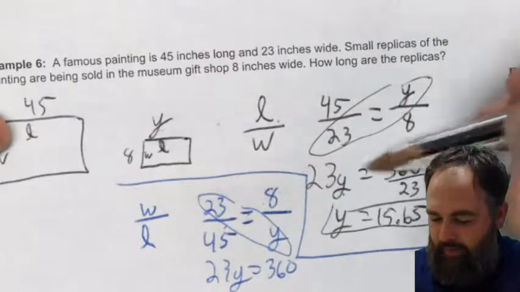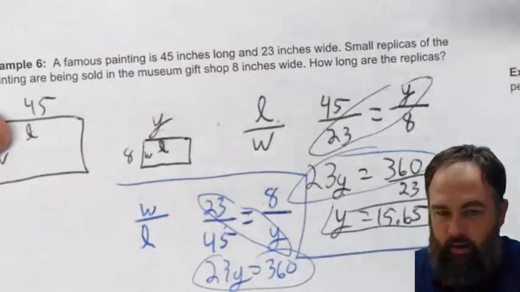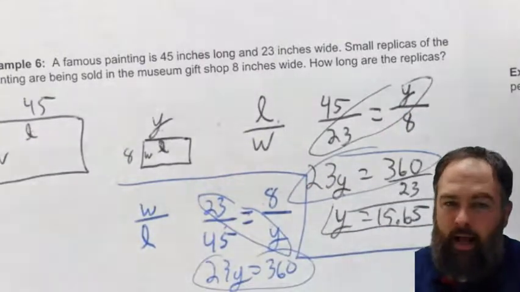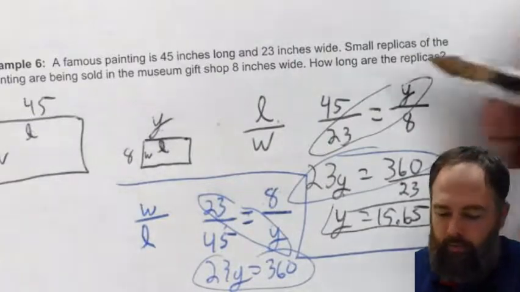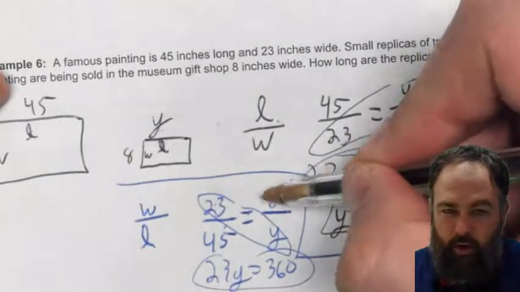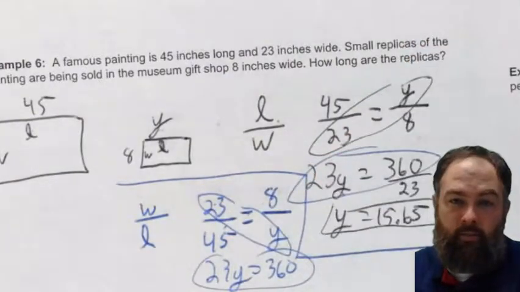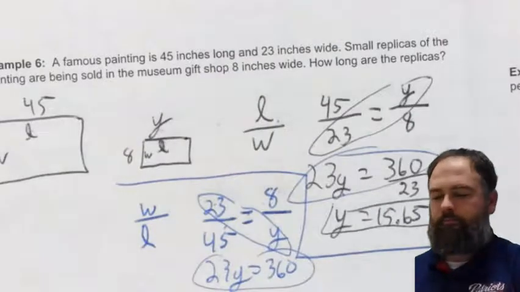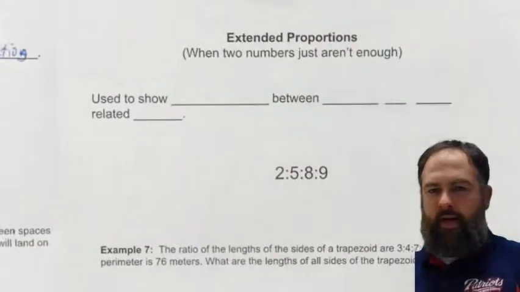And again, I have the exact same equation here and here. That's why the order doesn't matter, as long as you're consistent on both of them. If both your lengths are on top or both your lengths are on bottom, it doesn't matter, as long as they're both consistent.